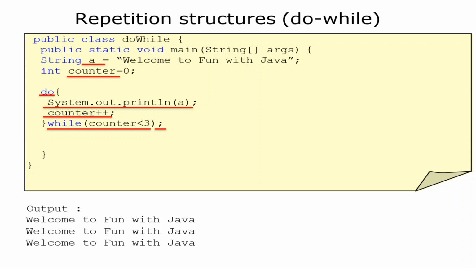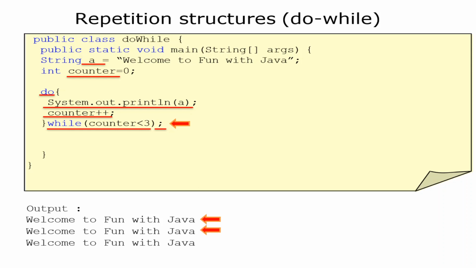Alright, let's go to the code. At first, our counter is 0. Then it goes to the loop, System.out.println(a). So it will print out "welcome to fun with Java" and increase the counter by 1. Then it checks if 1 is less than 3. Yes, so it will repeat the loop body.